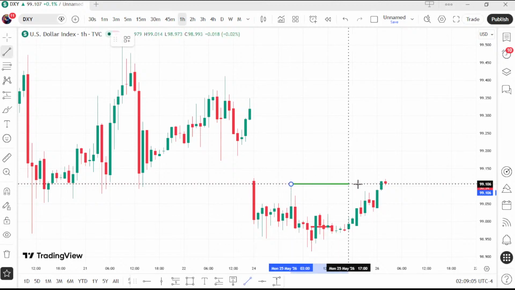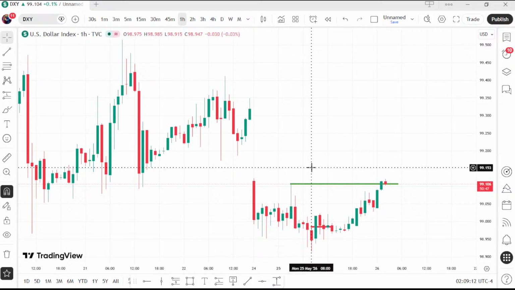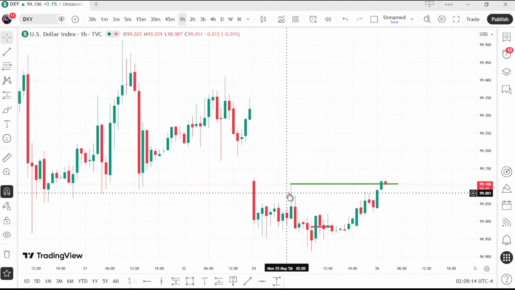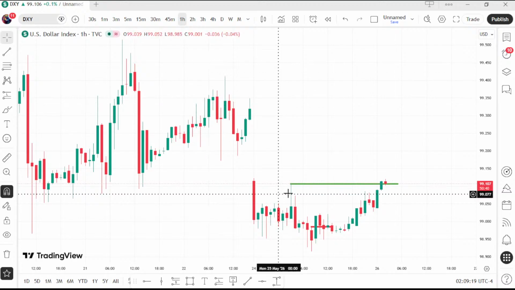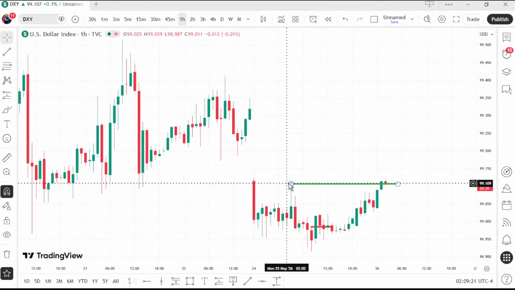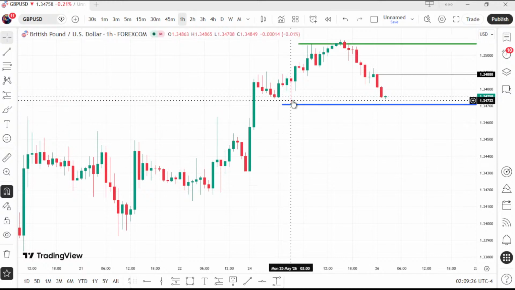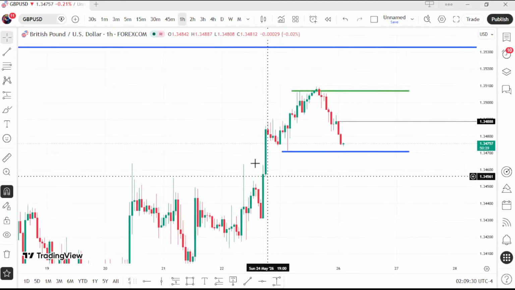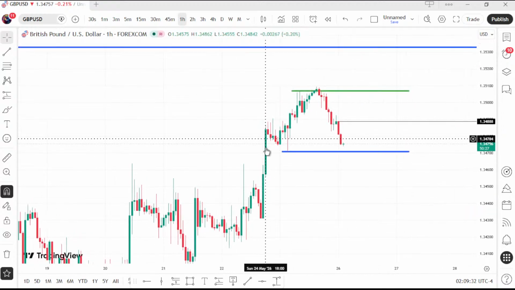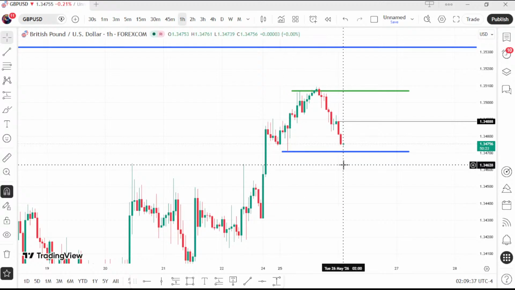Is that an SMT? It's 3 AM, the 3 candlestick. You see, it has swept that high, the DXY has the high, when the Great British Pound has not swept that same high. So that's an SMT. At the same time, it's inside that fair value gap. So those are the entries that you'll want to enter with an SMT.